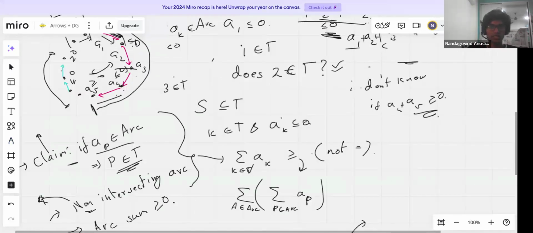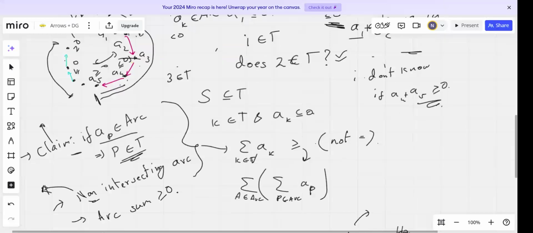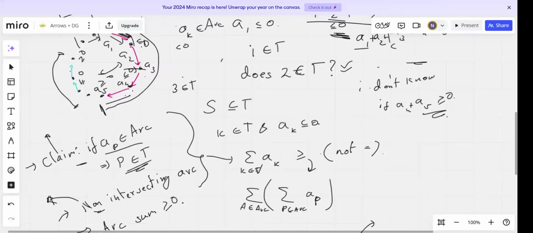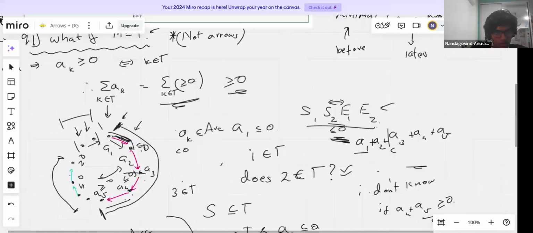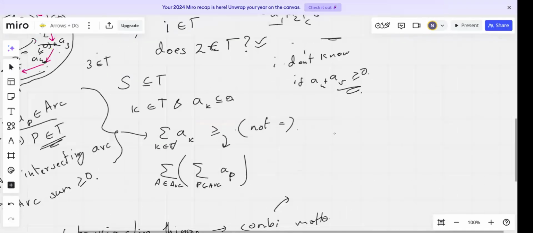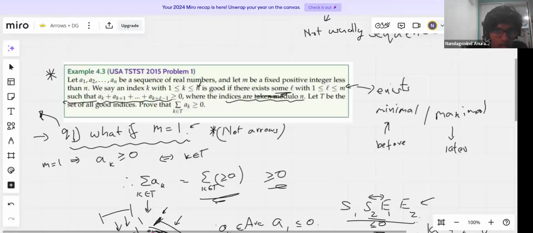Okay, Anik, can you explain why AK is this sum? All of the numbers on the arcs are good. Wait, what are you calling a good point? In the question, actually, they have defined good points.